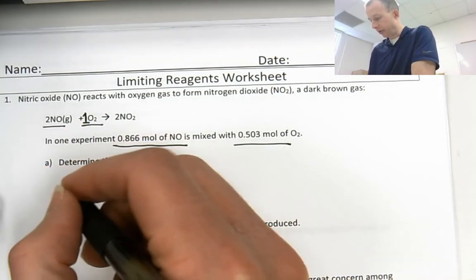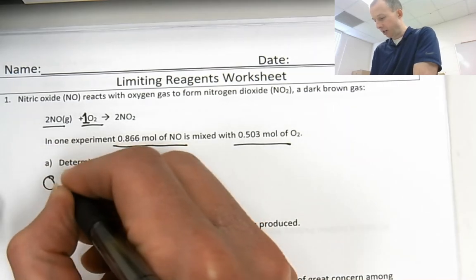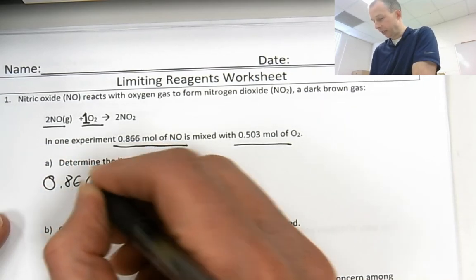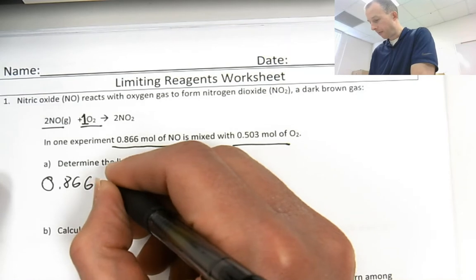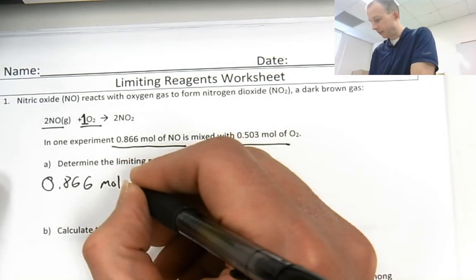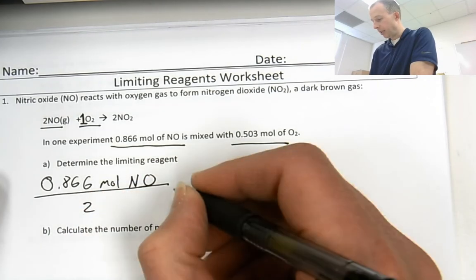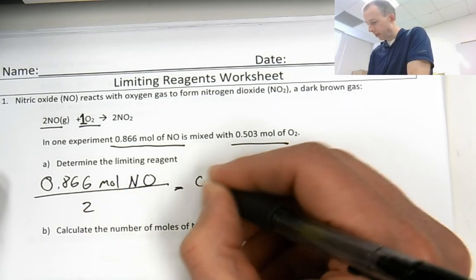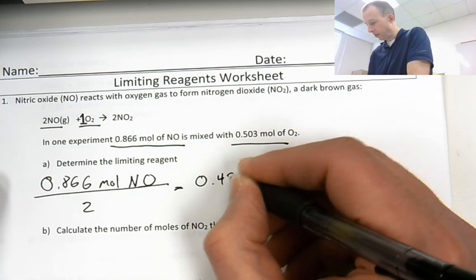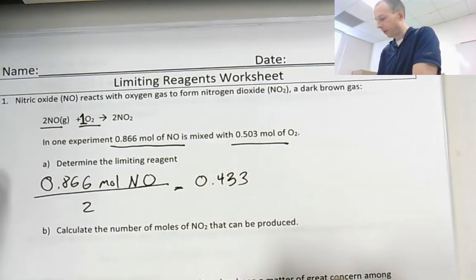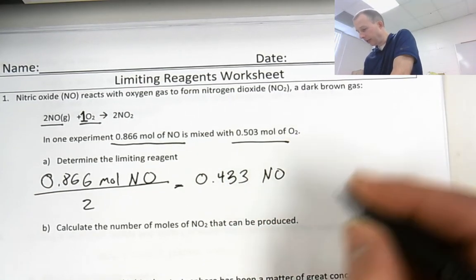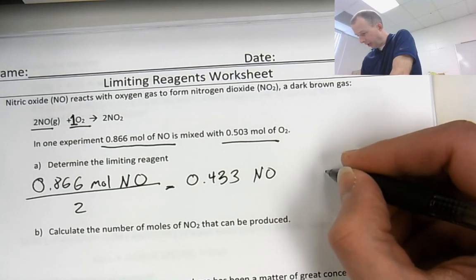So what you're going to do is just divide by the coefficients. We take our mole value, 0.866 moles of NO, and divide by 2. That gives us 0.433 for nitrogen monoxide. We'll do the same thing for oxygen.